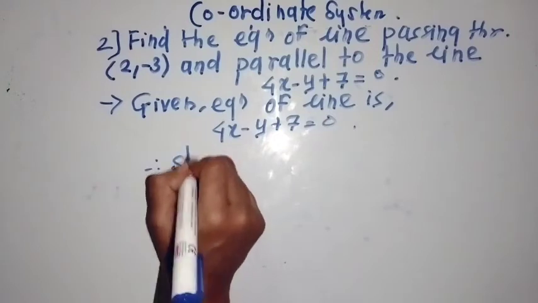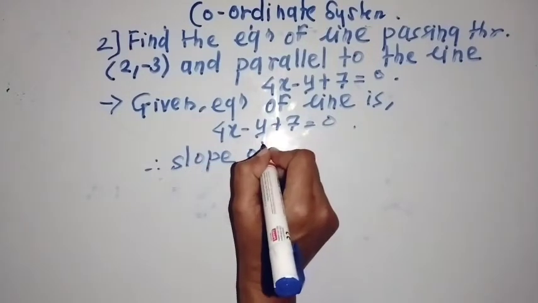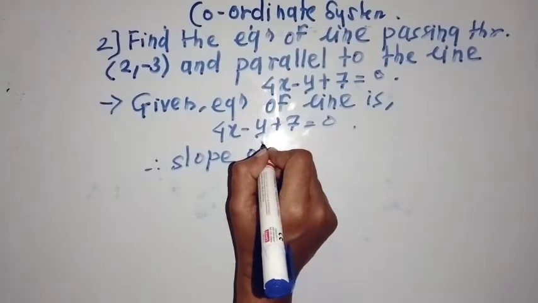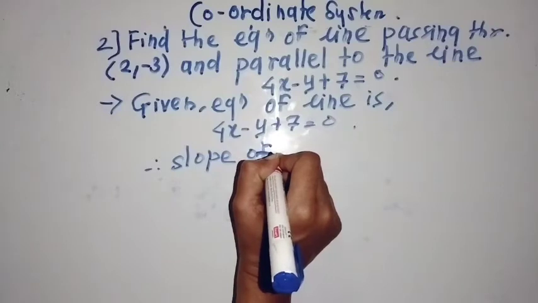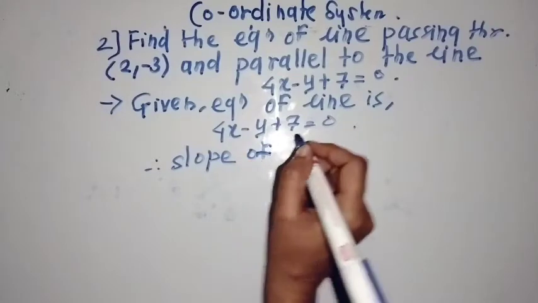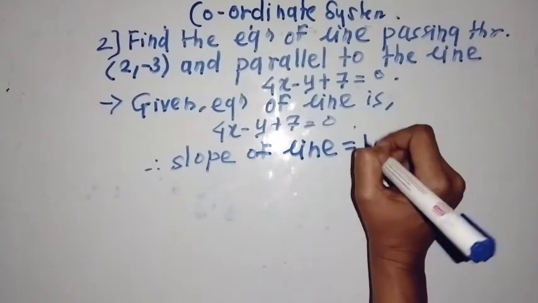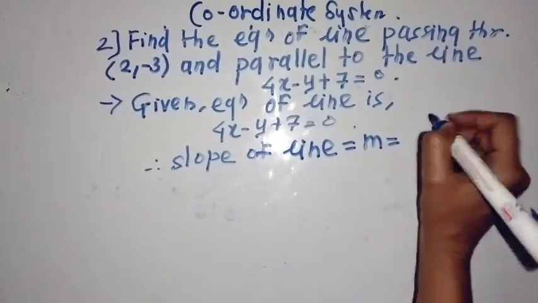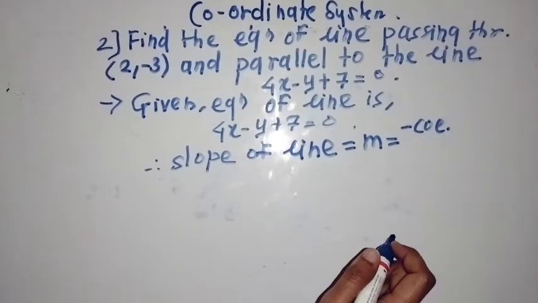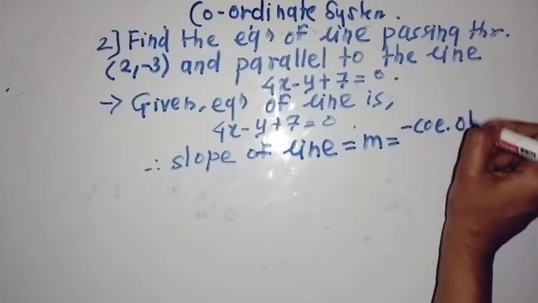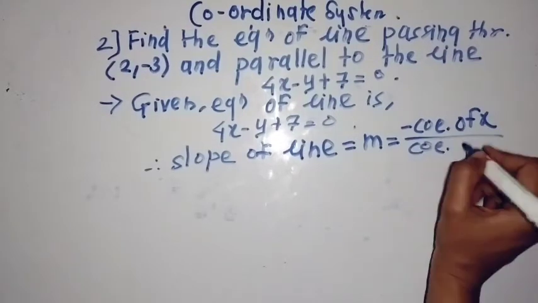Hence, first we find the slope of the line: m is equal to minus coefficient of x upon coefficient of y.